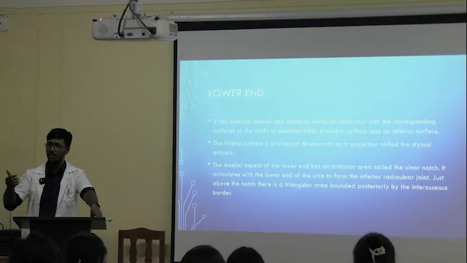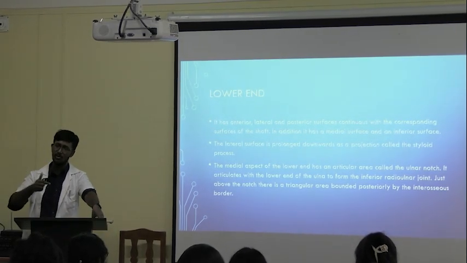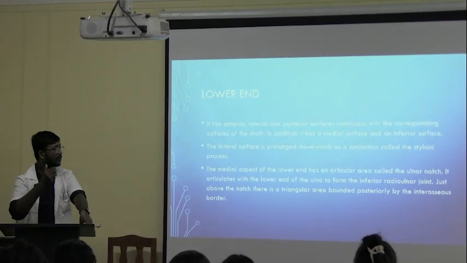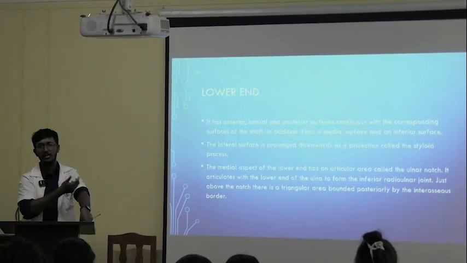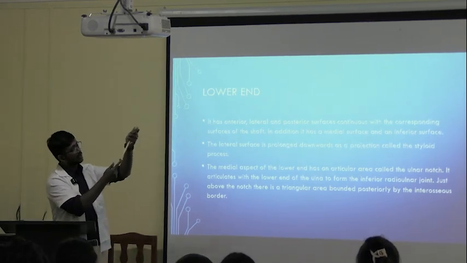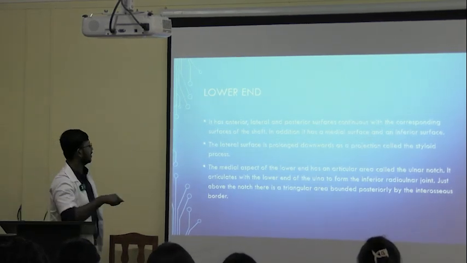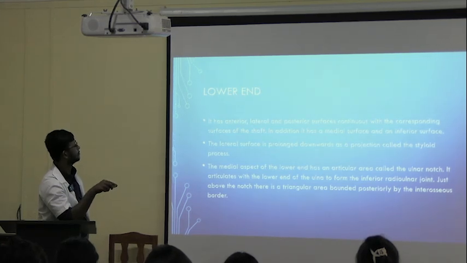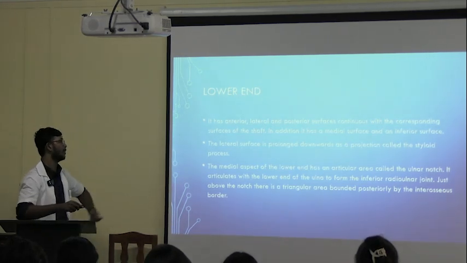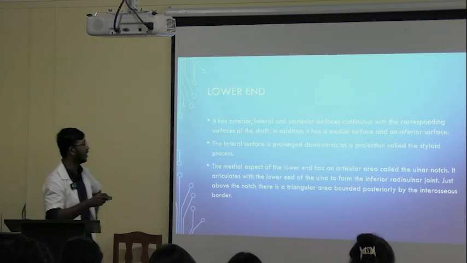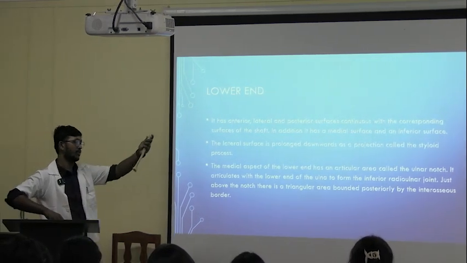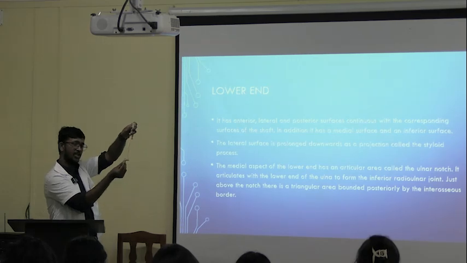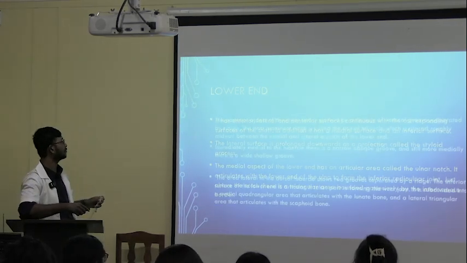Like in the shaft we are having these borders and surfaces, in the lower end also we will be having these surfaces, but along with that there is also a medial surface as well as a lower portion, which is the inferior surface. Okay. Now the lateral surface is prolonged downwards as a projection called the styloid process. This one is the styloid process. This sharp projection is known as the styloid process.